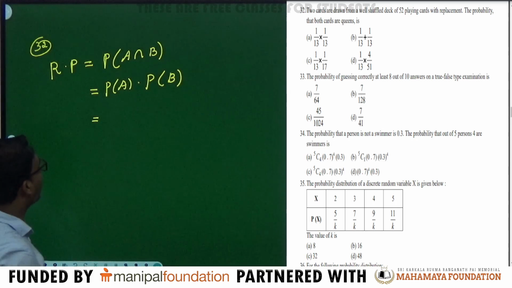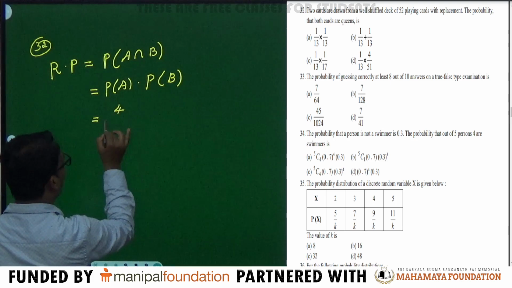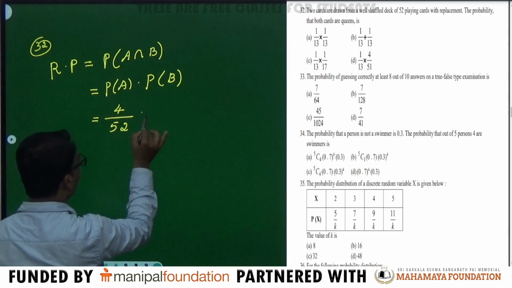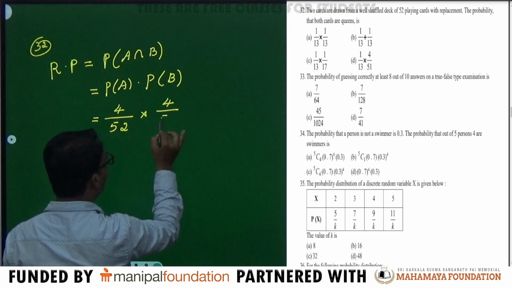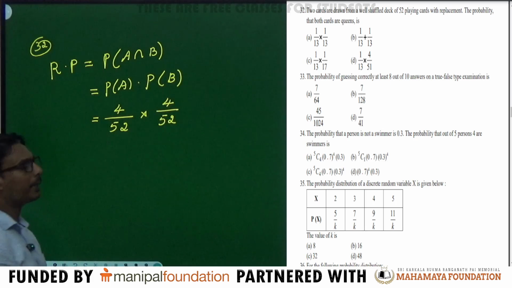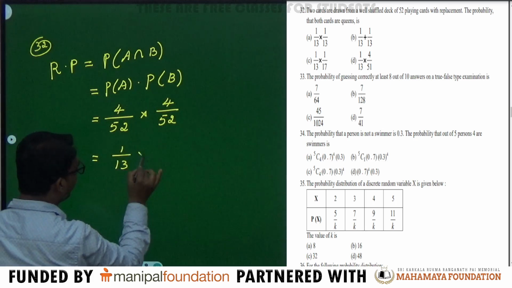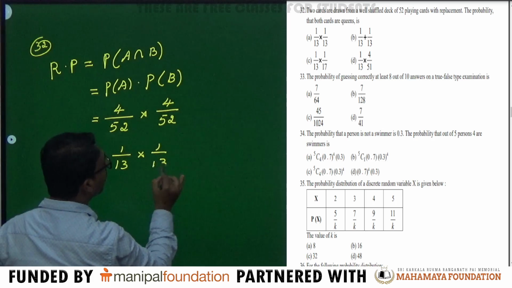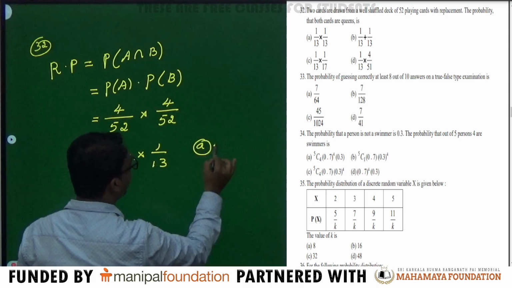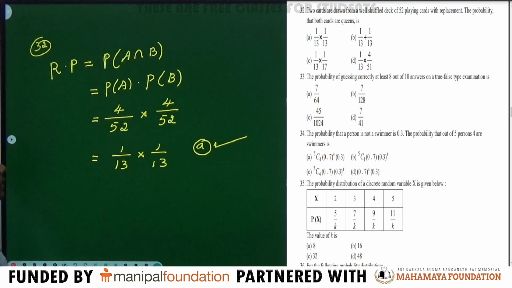Out of 52 cards, 4 are queens, so 4 upon 52, and again 4 out of 52 because it is with replacement. It is equal to 1 by 13 into 1 by 13. Therefore, the correct answer is option A for question number 32.